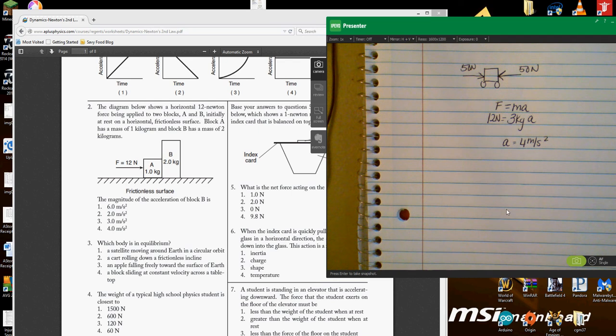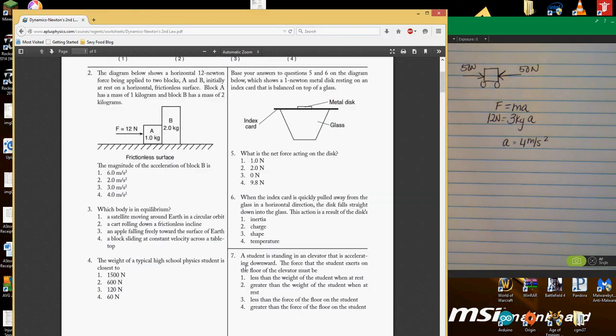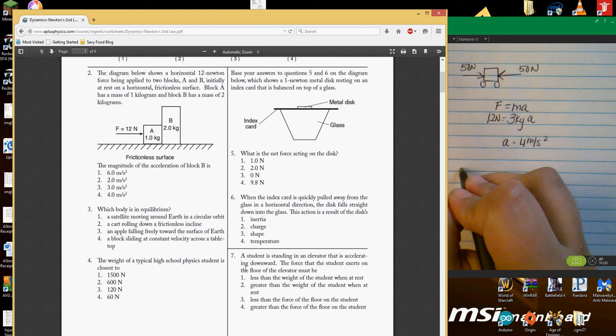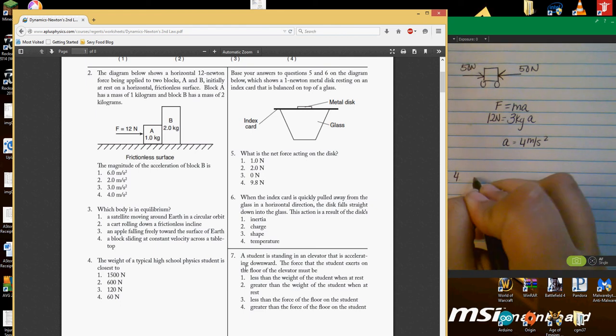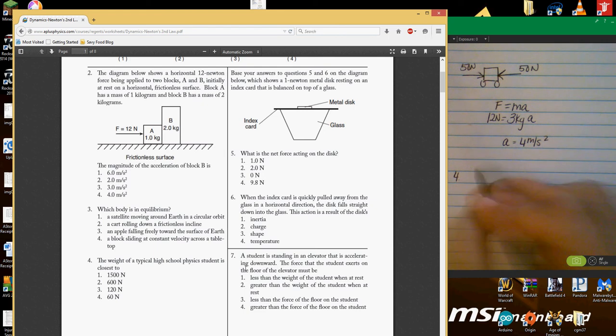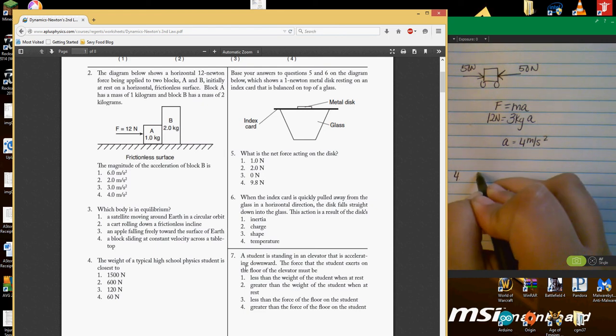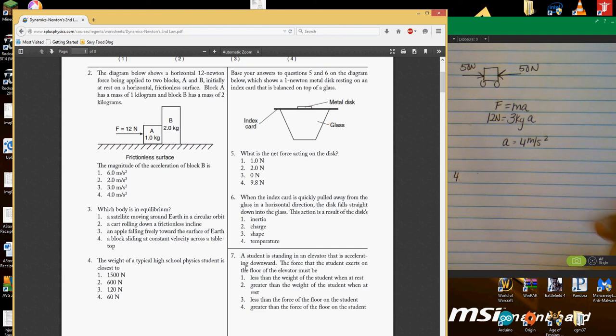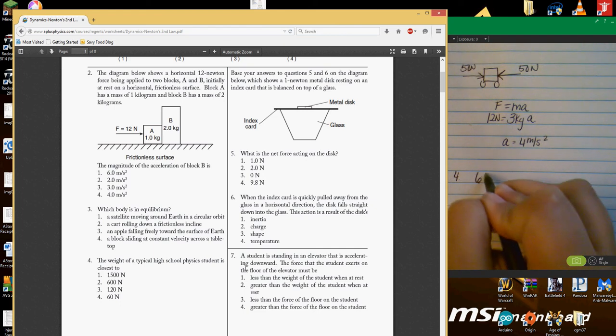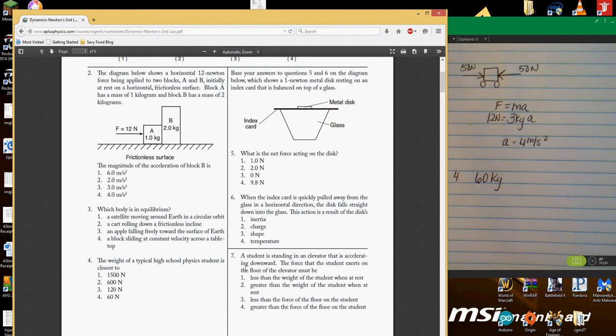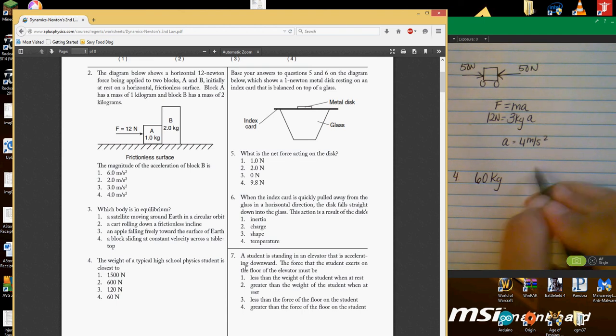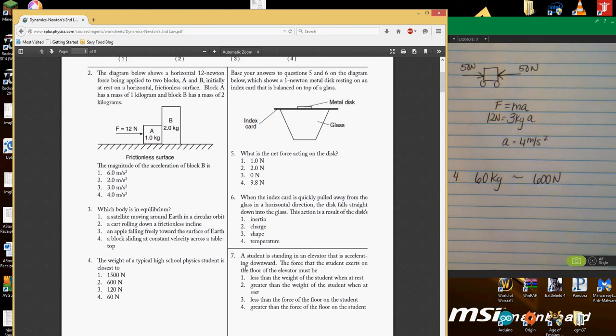Question number 4. The weight of a typical high school student is, and your answer should be 600 newtons. So when we're talking about how much most people weigh, you're going to have your kilograms to Newton ratio. About 60 kilograms is pretty much what an average student would weigh, and then that means in newtons it can be rounded out to 600 newtons.